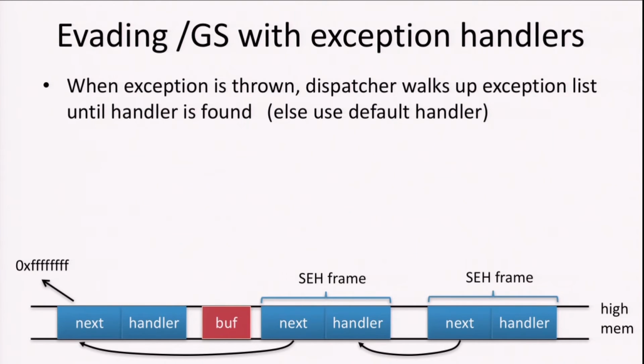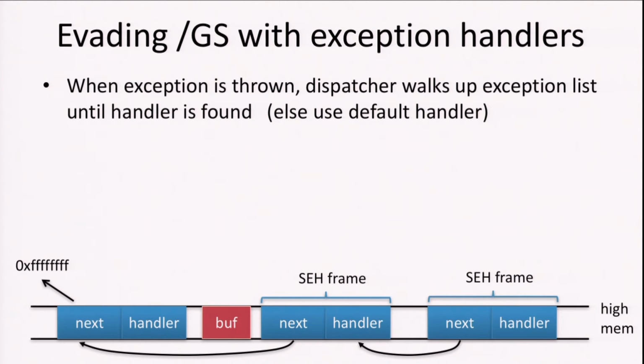Now there is one technique called the structured exception handler technique, by which /GS has been shown to be defeated. In the exception handler, you have a sequence of exceptions, because when an exception happens, first, if the exception matches a certain filter, then you call a certain exception routine.